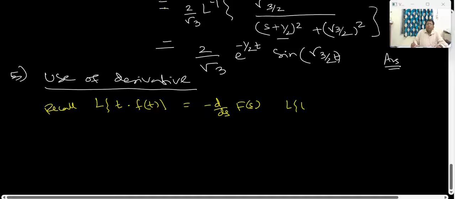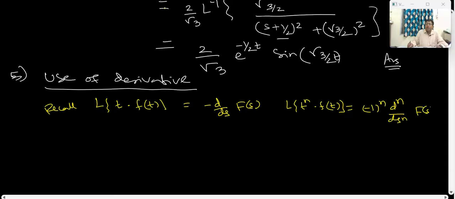L of t to the power n f(t): if t to the power n is multiplied, you just recall it is minus 1 to the power n times the nth derivative of F(s).